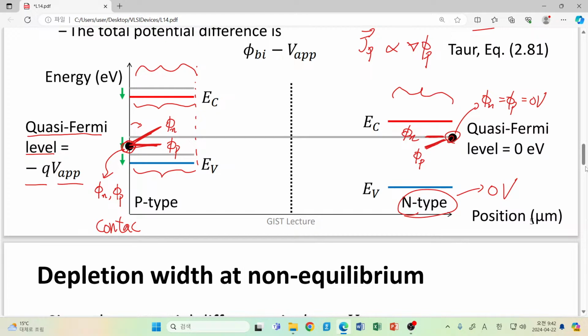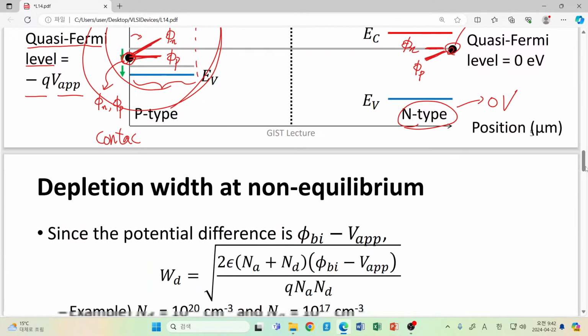The current is supplied in this case by the diffusion component. The electric field is 0, but still we need a non-zero current density. How can you generate non-zero current density? The only way is to introduce a density difference and introduce a diffusion component. Okay, if you have any question, please let me know.